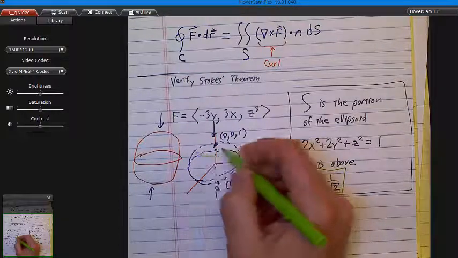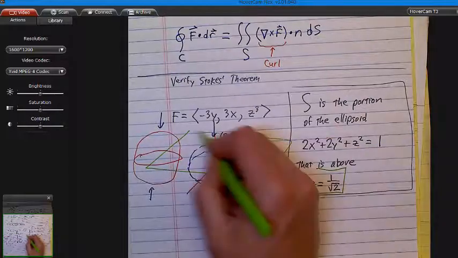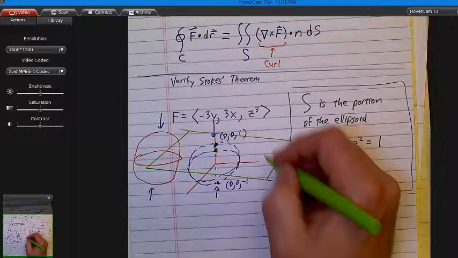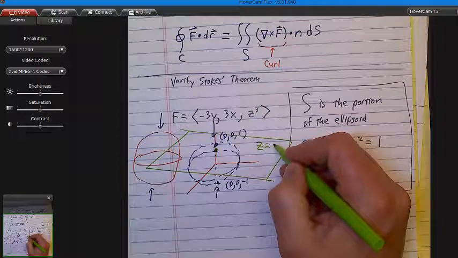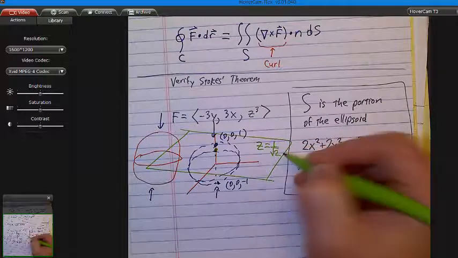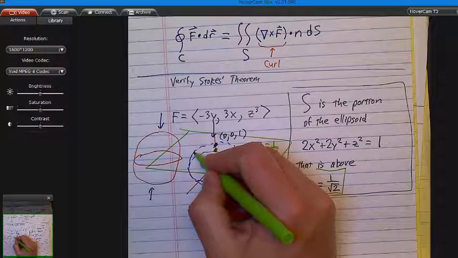So if I could imagine a plane containing that point, this is the plane z equals 1 over the square root of 2. Now wait a minute, what would the intersection look like of this? Well, it would be a circle, right? It would be a circle where, I don't know, maybe here?